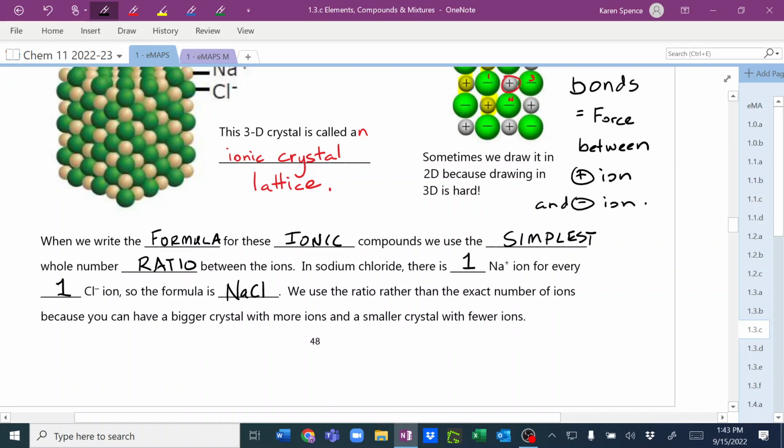My bell gonna go in like 1 minute? Okay, hang on. That's page 48. You guys could do pages 50 and 51 for homework. There we go.